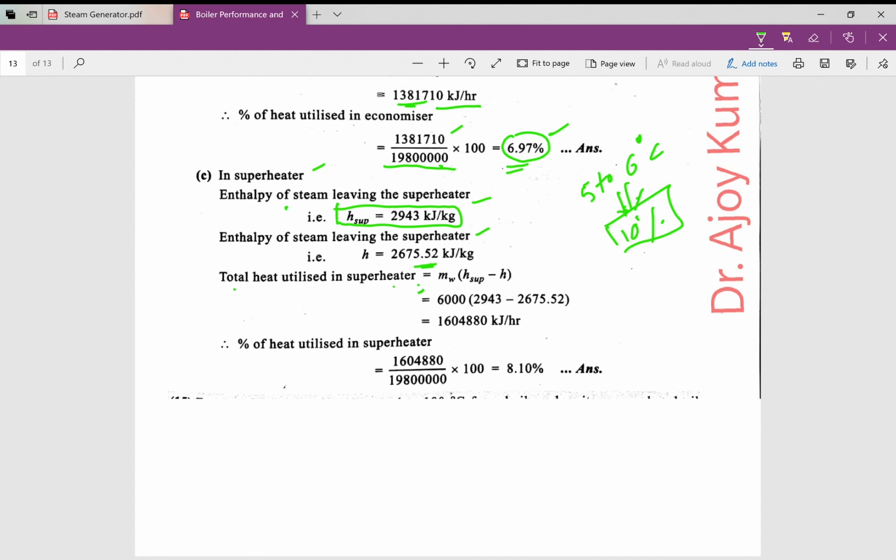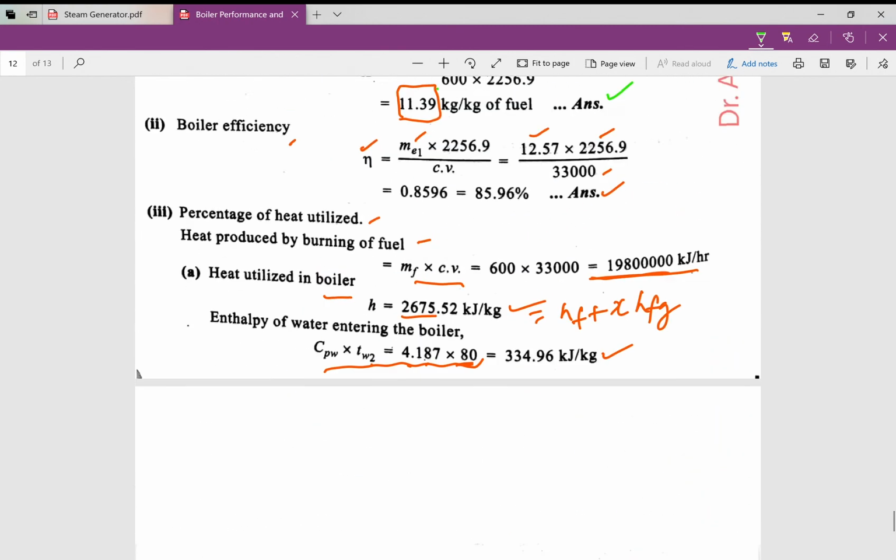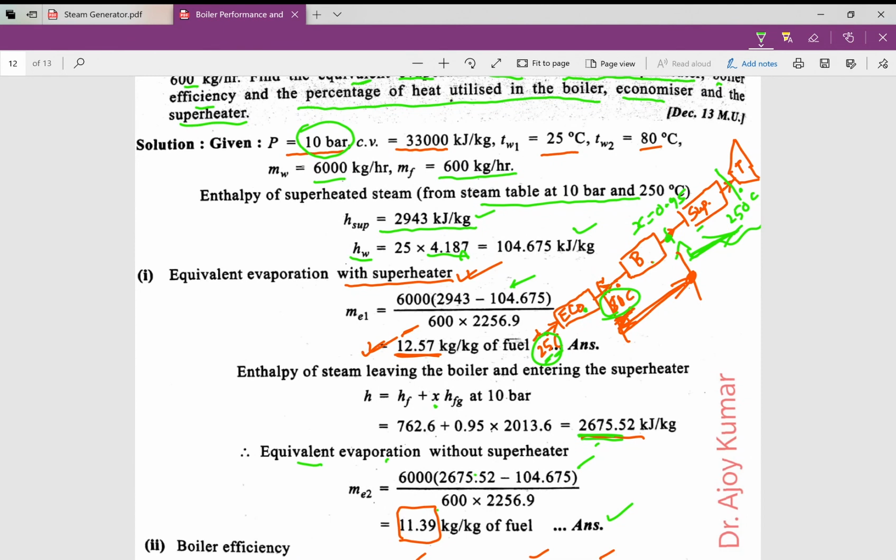So this is leaving the boiler, this value is 2675.52. So this much heat is utilized in the superheater. Once again, this is your outlet of the superheater, that is 250, and at the inlet, that is wet steam coming out from the boiler.